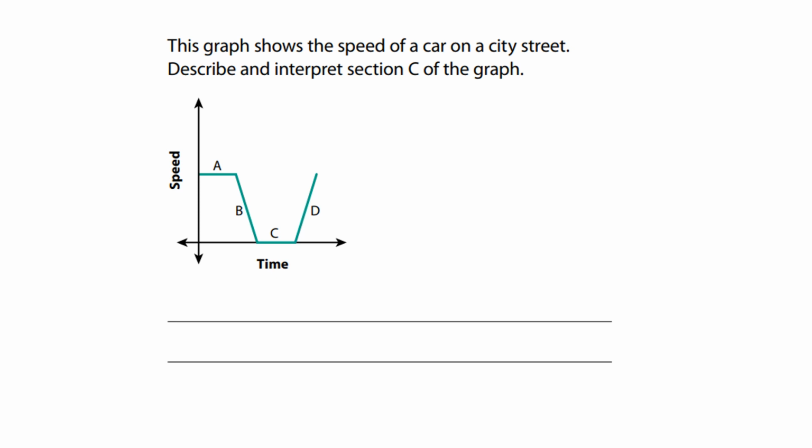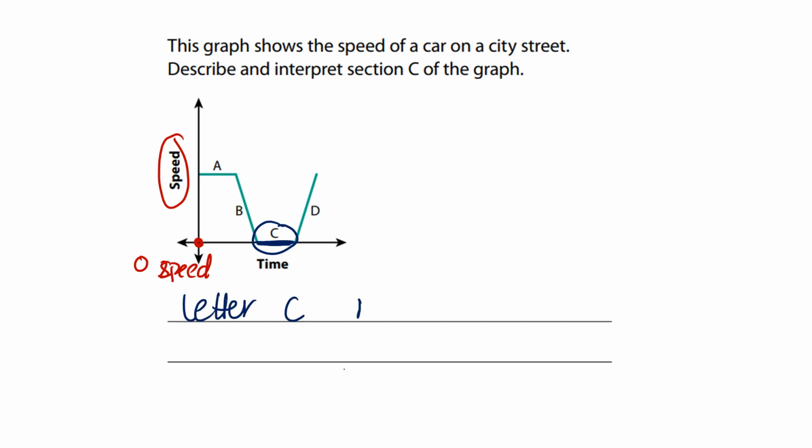This graph shows the speed of a car on a city street. Describe and interpret section C of the graph. So looking here, we're talking about speed, meaning our 0 point is going to be 0 speed. So if we're looking at letter C, it is here, this straight horizontal line at 0, so that means he was going 0 speed.